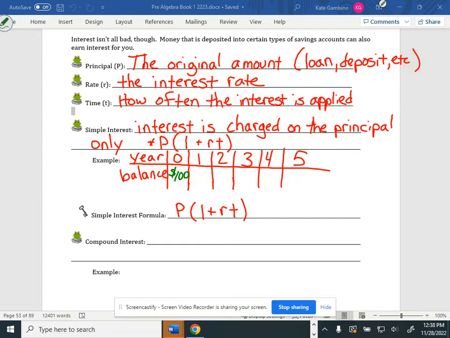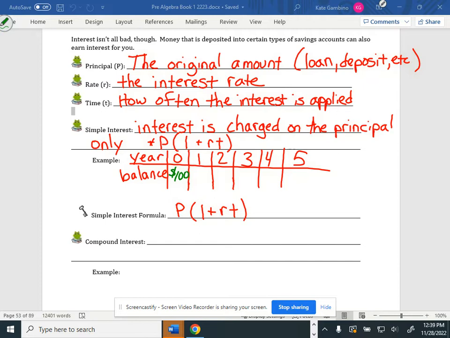So with simple interest, let's say we deposited $100 in those savings accounts that we have. How much money is going to be in that account after 1 year? So we need to find that interest. So we're going to put in what we know, our time, our original amount, and let's factor this out.